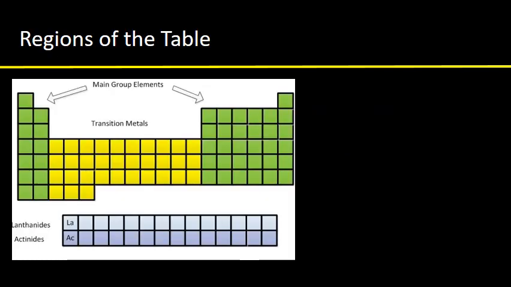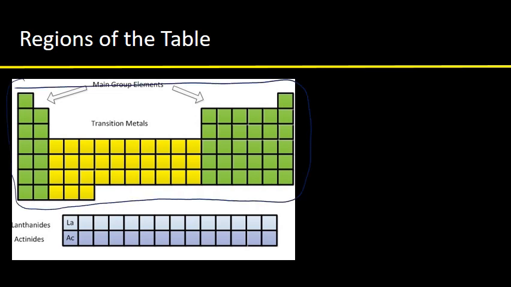All right, we can also talk about regions of the periodic table, and this is important. We can break the main body of the table, the top part up here, into 2 parts: the main group elements, which are on the left and the right, and the transition metals, which are here in the middle.